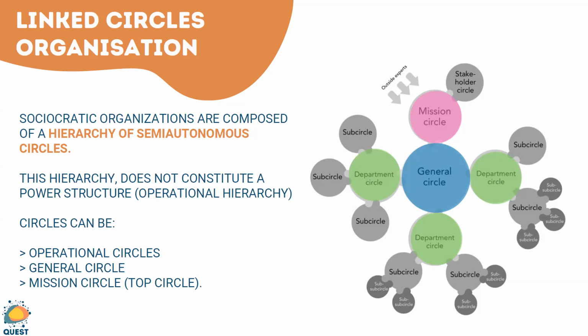And then there are the operational circles that have a very specific and narrow domain and area of work. So this hierarchy is more about specificity. It's not a hierarchical, vertical organization in this sense. But the three kinds of circles we always have are operational circle, general circle, and mission circle.